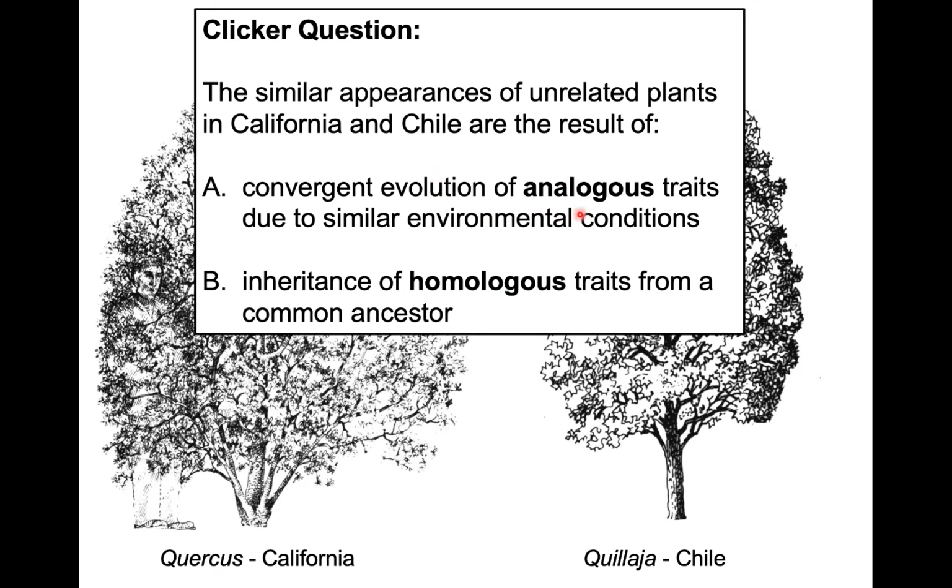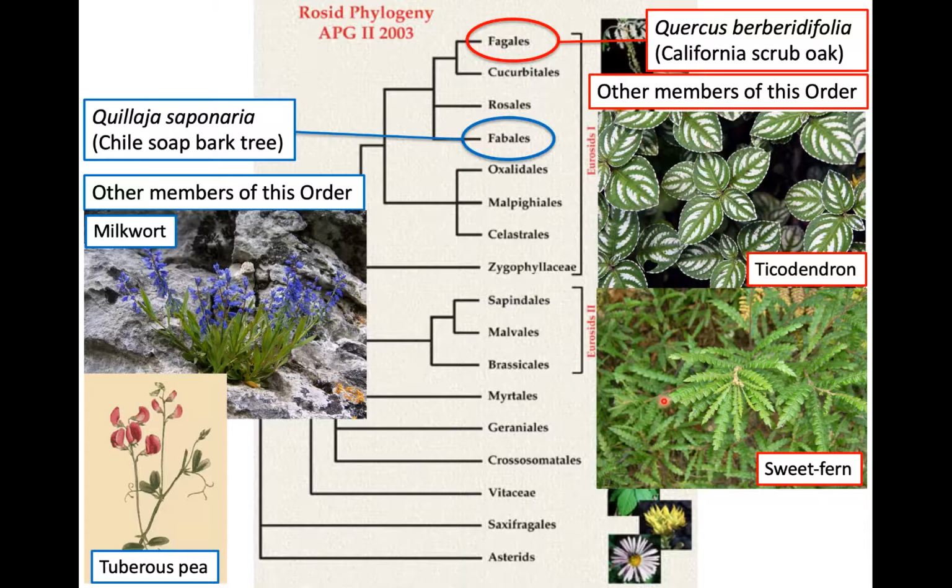So hopefully this helps us clear up this concept that I think has been a little bit tricky for us. And also I wanted to cover this again to point out that it is in fact a tricky concept, not just for students of Biology 1620, but in general. And scientists are frequently arguing about whether traits are analogous or homologous because it's not always obvious, and it depends on the phylogenetic history.